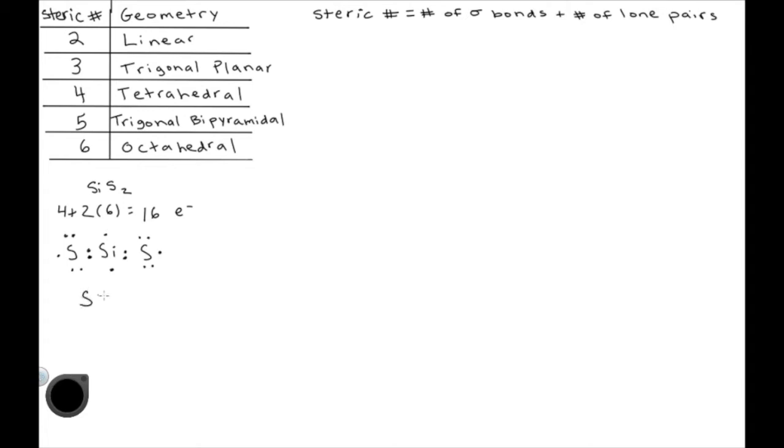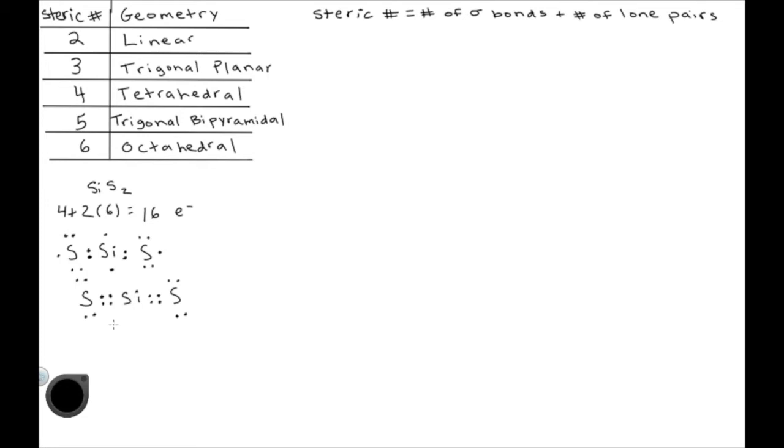We have our sulfur, double bonded to silicon, and then another sulfur double bonded to silicon, and then we have our 2 remaining lone pairs on each sulfur. So now each atom has an octet. And if we count all the electrons, we have 16 electrons in total.